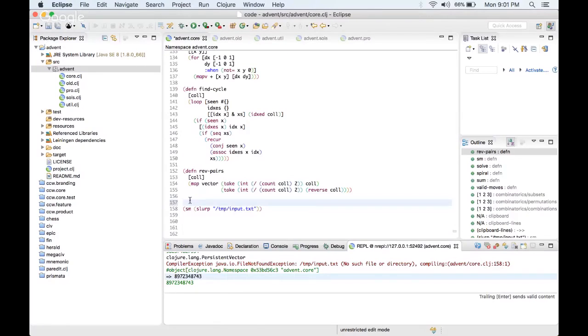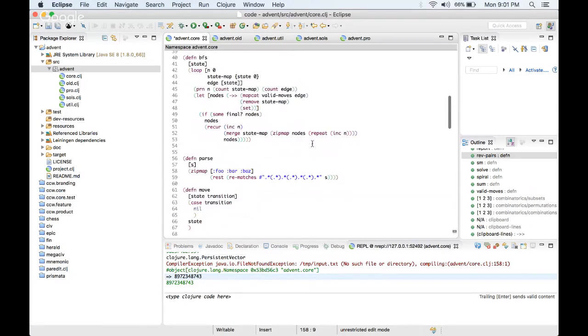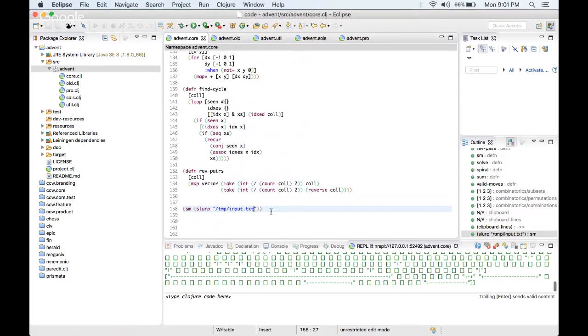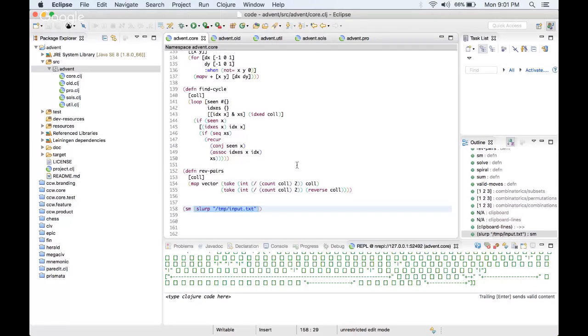I think what we want to do is we do want to split this by new lines. And then let me just see how our smart parser function fares on something like this. Okay, looks like it doesn't do too well, because it's sort of interpreting the spaces.